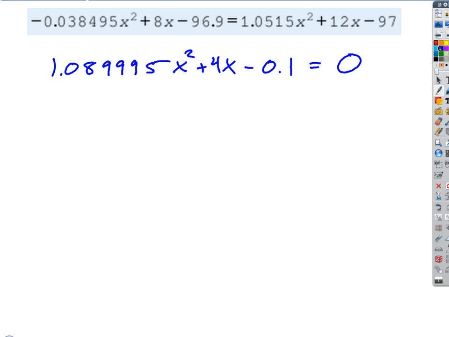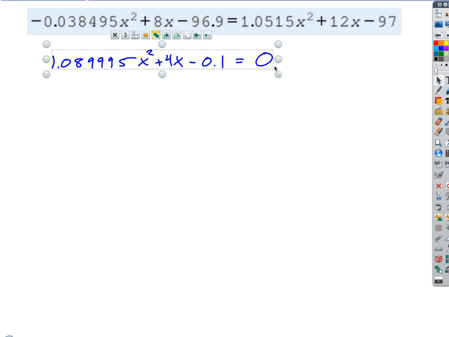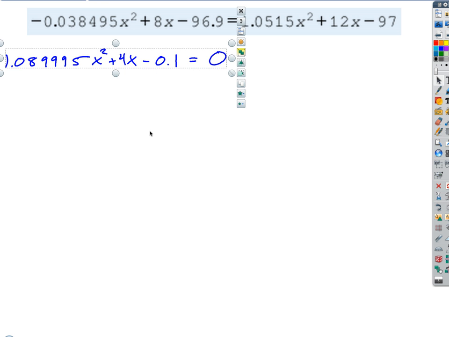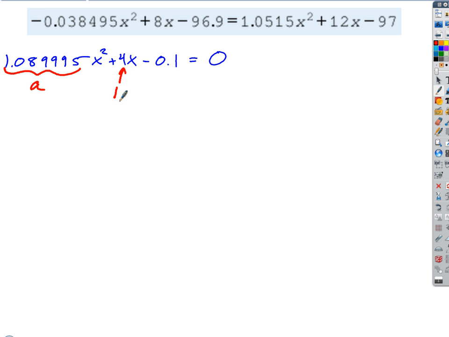Right, so all we're going to do then, and this is going to be kind of a graphing calculator issue. Let me shrink that just a little bit here. So really, we've just got A, B, and C, right? We're just going to plug all that stuff into the quadratic formula.